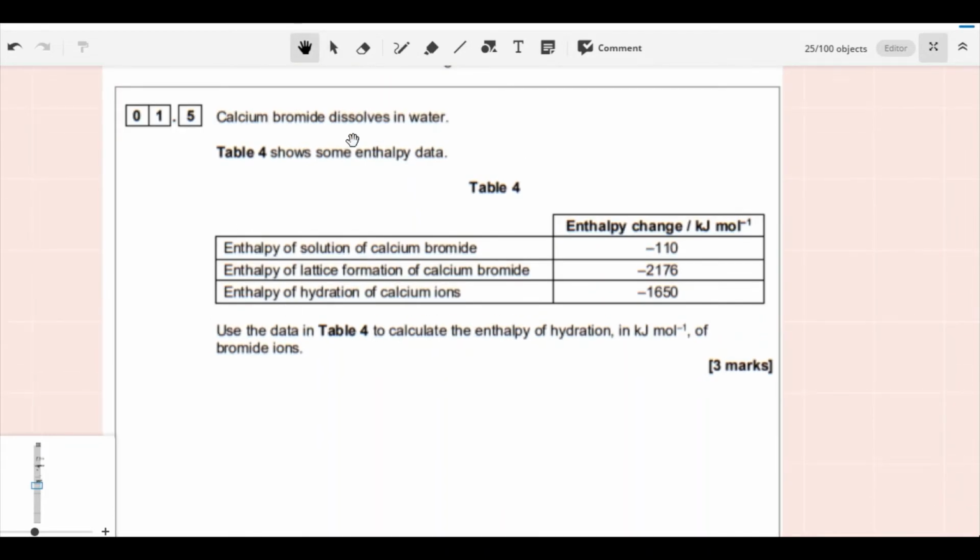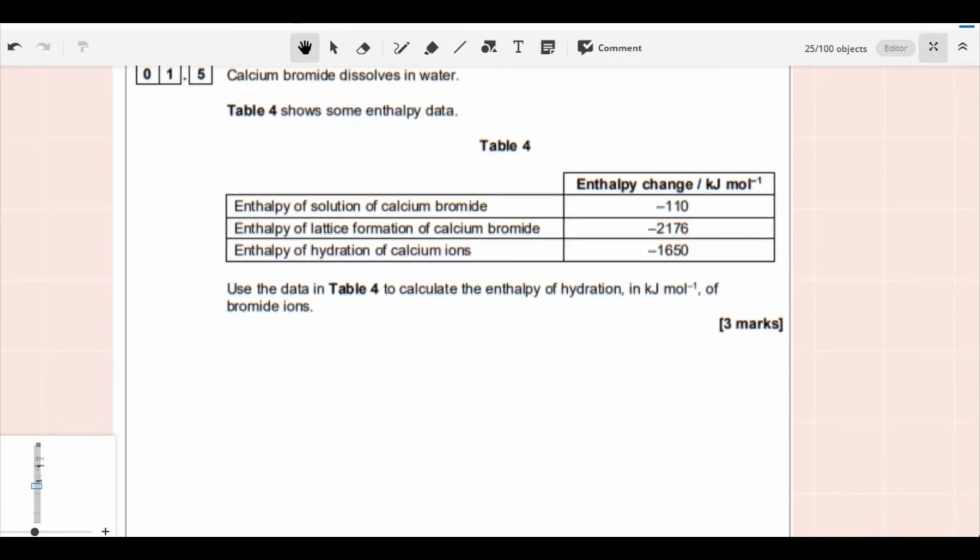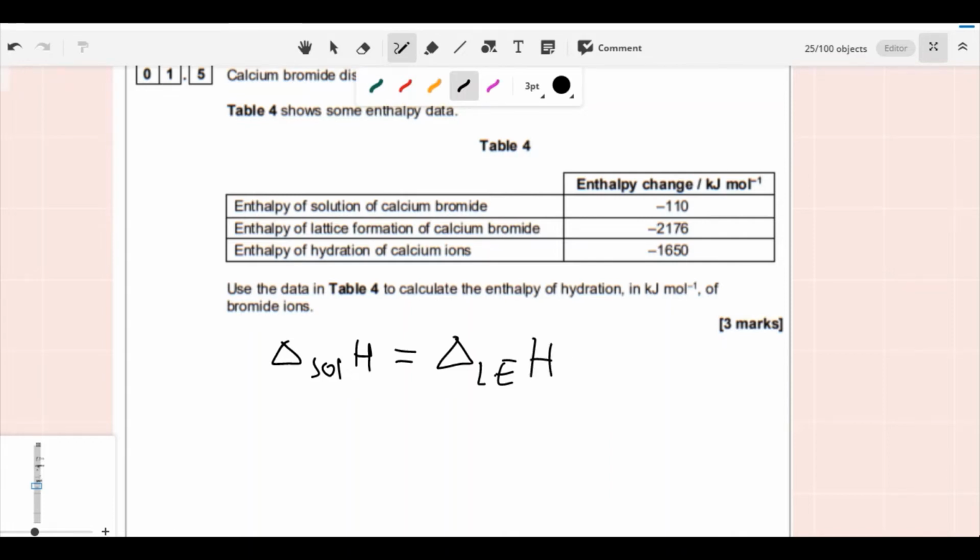So again, the calcium bromide dissolves in the water, so it means here is dissolution. I am going to write ΔH solution is equal to ΔH lattice energy dissociation, plus here the enthalpy of hydration of calcium ion, so I am going to write ΔH hydration, small h for hydration, of the calcium ion.